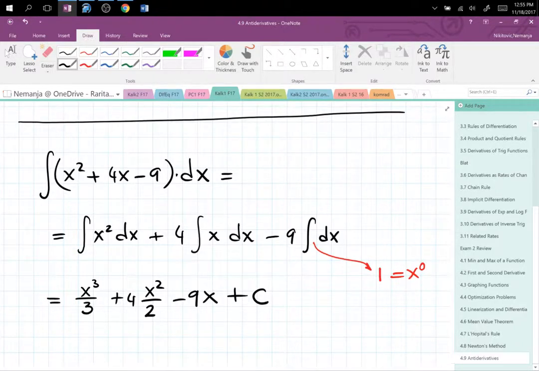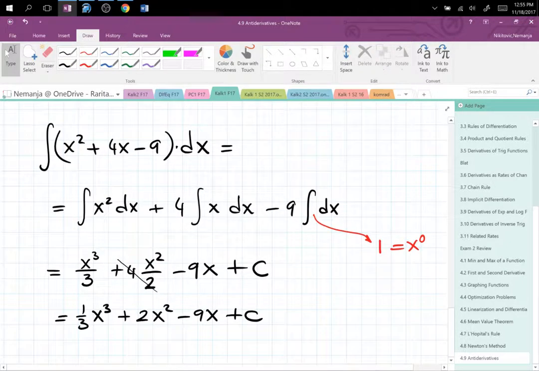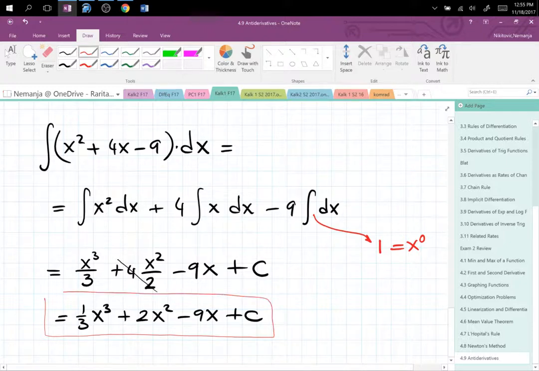And now 4 and 2 cancel. And the answer for this, you can write 1/3 x cubed if you want to, plus 2x squared minus 9x plus c, and that takes care of the problem.